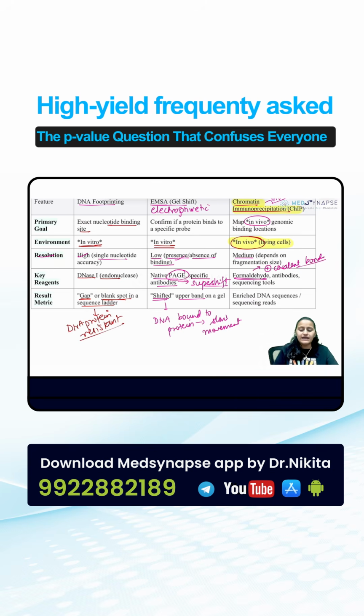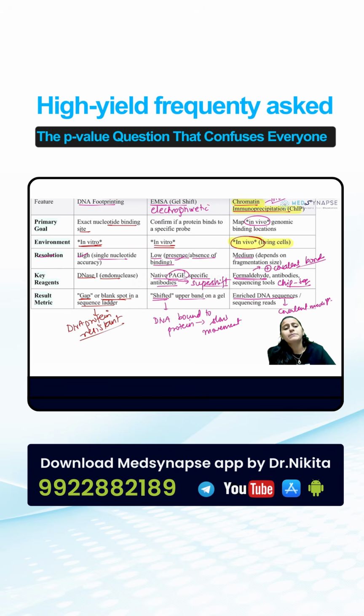And then you have sequencing tools, like ChIP sequencing. The result metric is the enriched DNA sequences, or the sequencing reads.